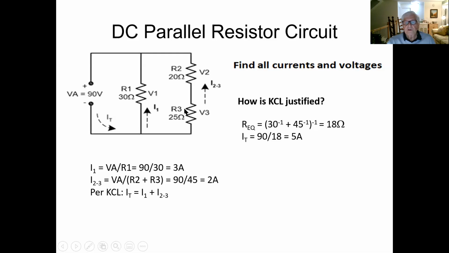So we can get an equivalent resistance value using our standard parallel resistance equation, 1 over 30 plus 1 over 45, take the total and then take the reciprocal of that to give us an 18 ohm value. So our total current is going to be the applied voltage, 90 volts, divided by that 18 ohms, or 5 amps. So initially coming out of this battery or voltage source is 5 amps.